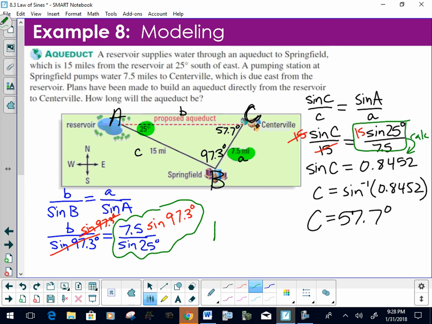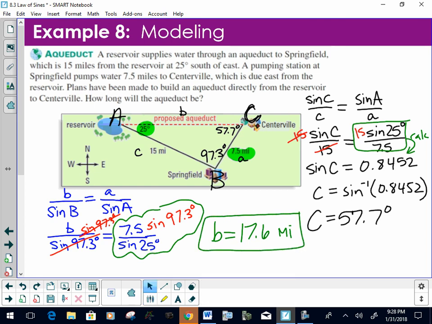And we calculate that side B is 17.6 miles. So now that they know how long it is, they could decide whether or not their budget is enough to pay for the pipe that they'll need for the project and the labor.